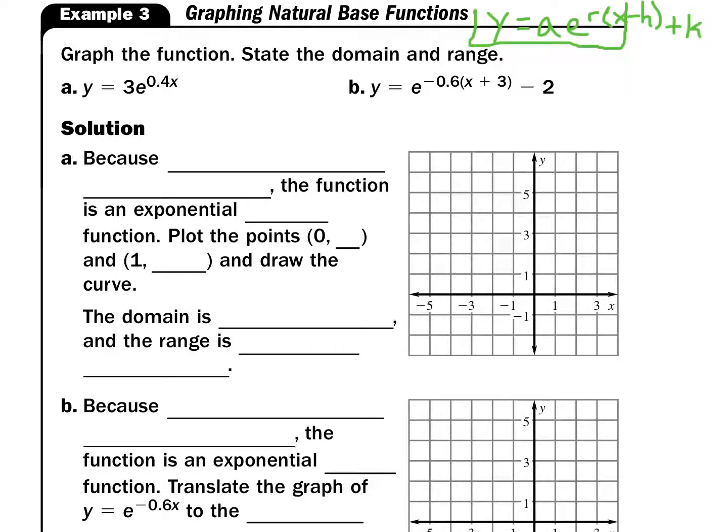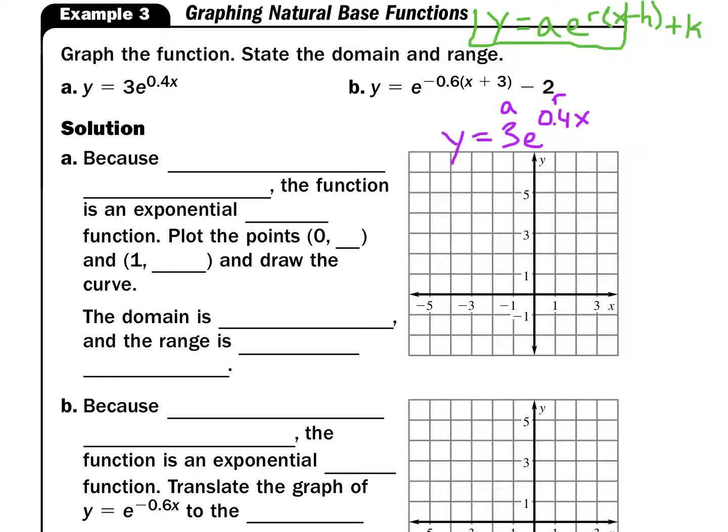Okay, so for part A, it says graph the function, state the domain and range. So my function for A is y equals 3, which would be my a, e to the 0.4, 0.4 would be the r, x.